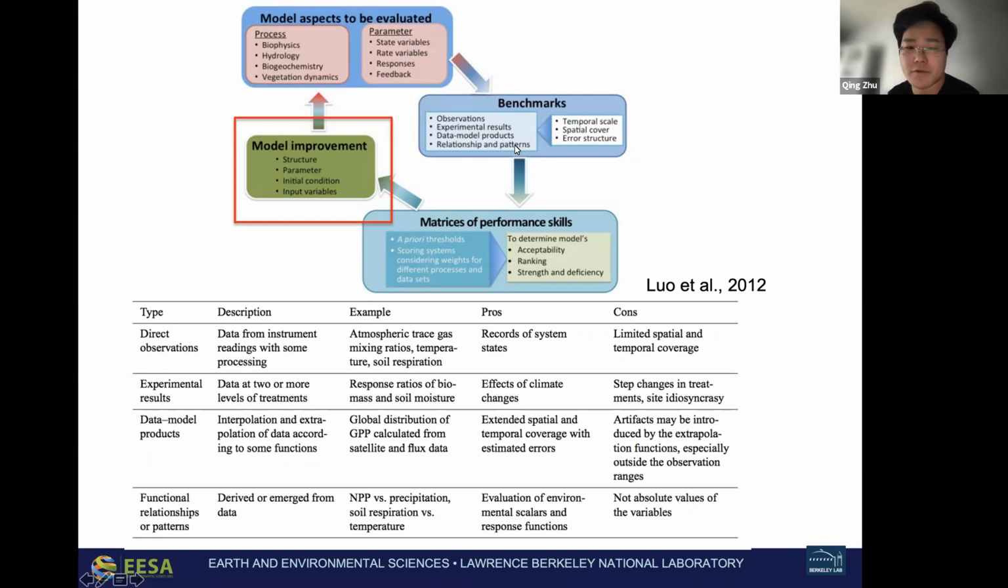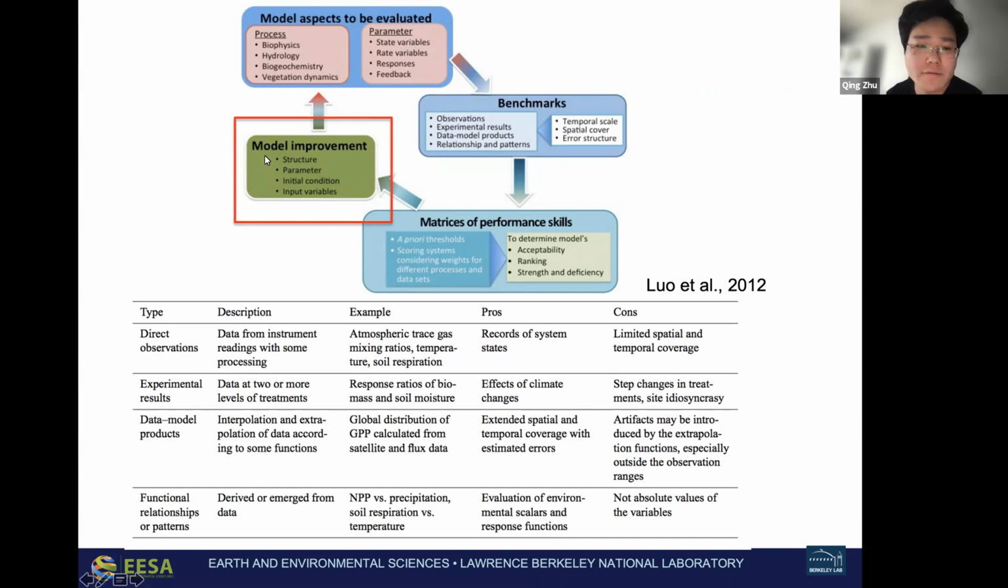And sometimes we also measure the functional relationships, to see if that's consistent. And then for the Rubisco project, the thinking is that we do a lot of work on model benchmarking, data set development, and we also have a lot of performance metrics to evaluate different aspects of the model.